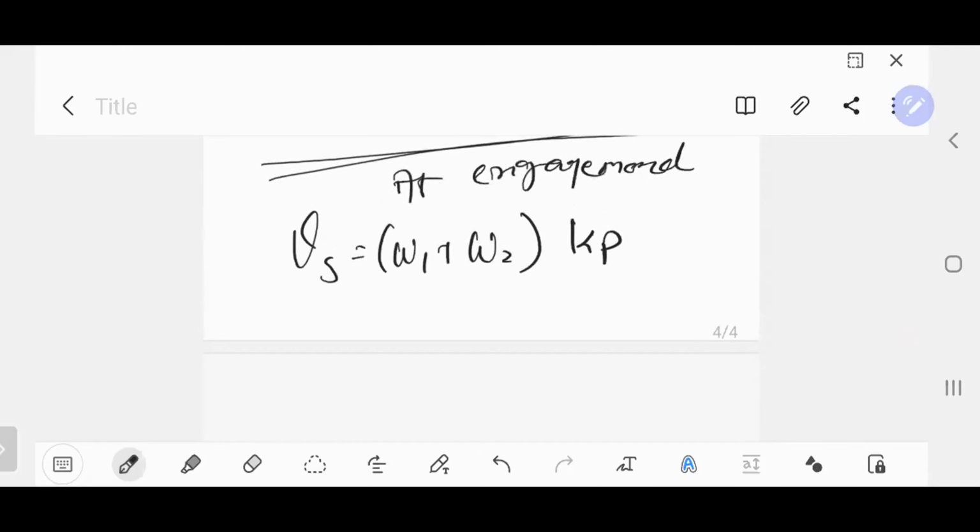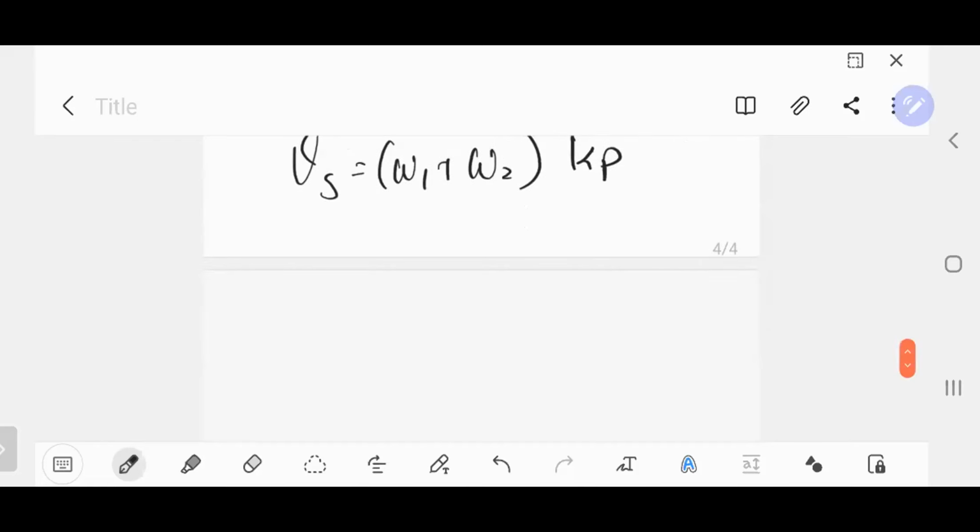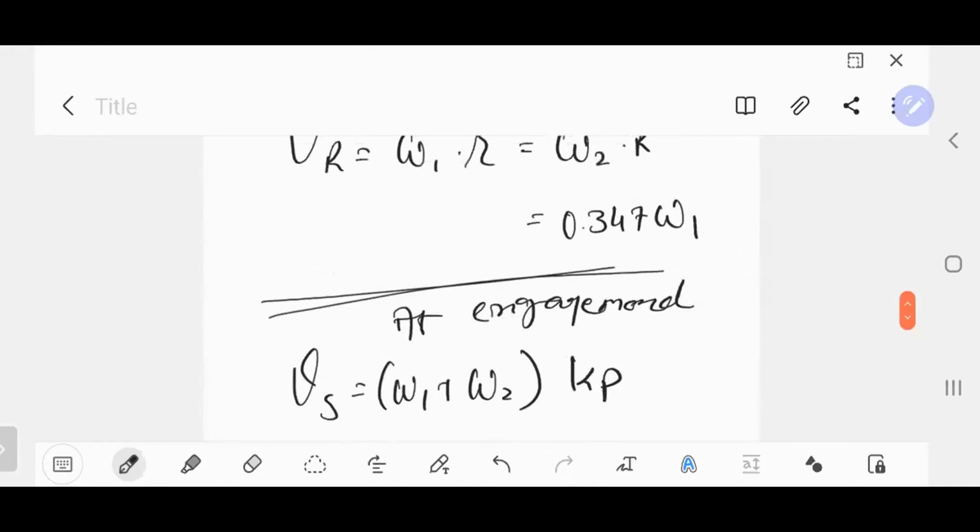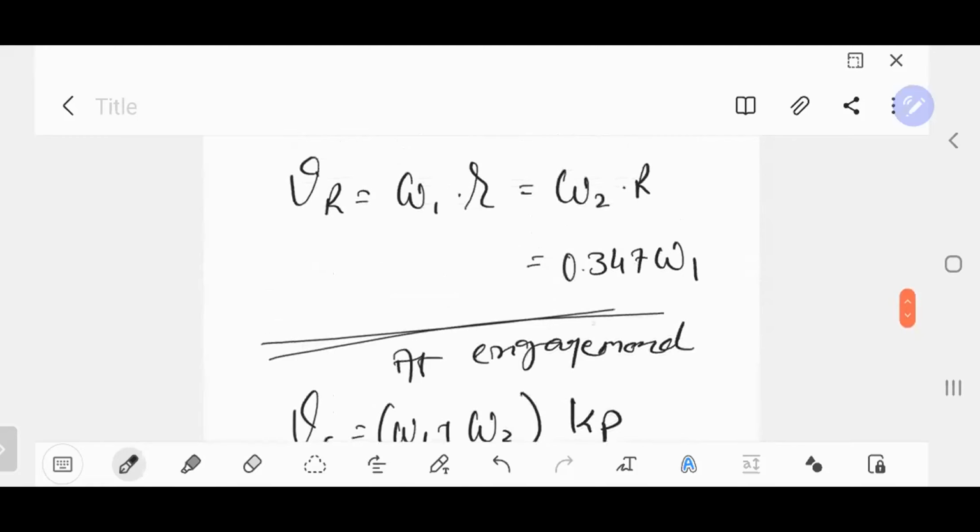Here it is the engagement of two teeth, and then the last one is the disengagement of two teeth. So sliding velocity is equal to omega 1 plus, what was that? Omega 2 is equal to 0.347 omega 1 from here.